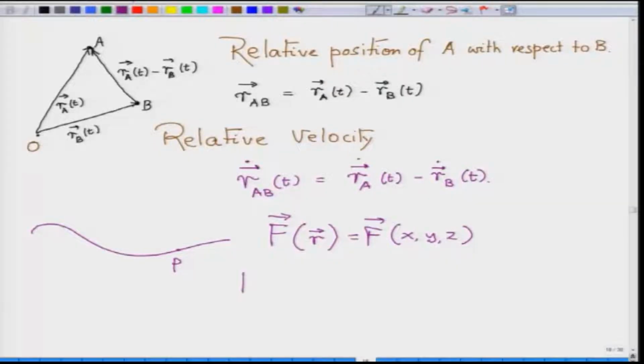So this F of x, y, z has three components. One component in the x direction, so these are scalar quantities, another in the y direction, another in the z direction.